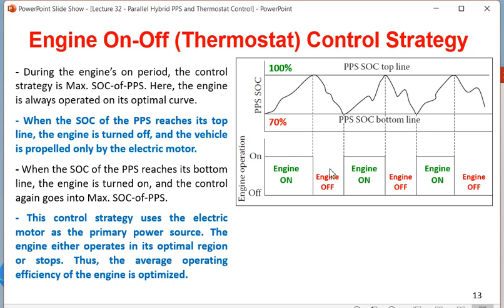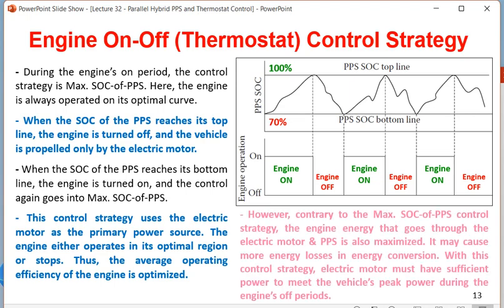So in this thermostat control strategy, the engine will never operate in a suboptimal region. This you have to understand. In the previous strategy, max SOC, the engine was operating in optimal condition, that is graph 3, and in suboptimal condition, graph 4. But in this engine on-off thermostat control, the engine will never operate in suboptimal condition.